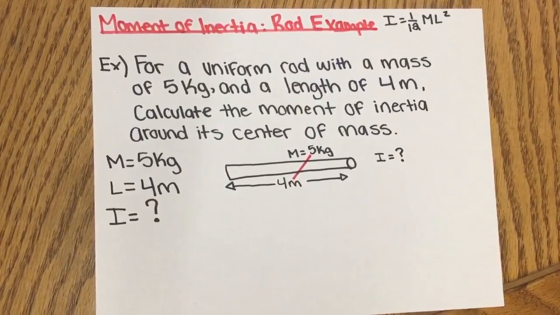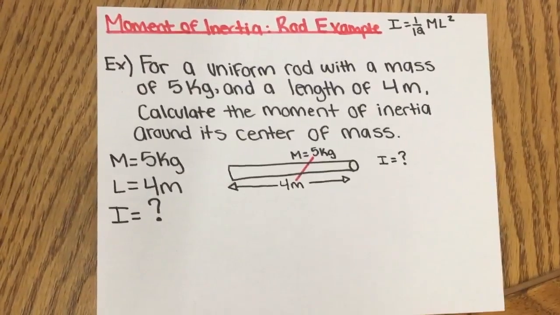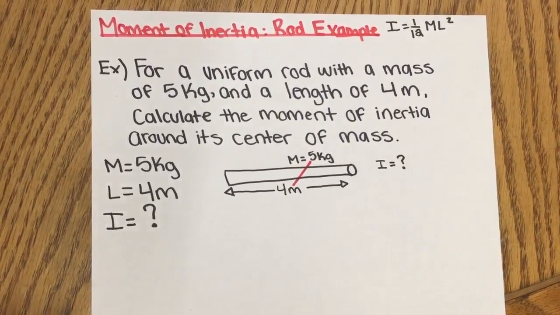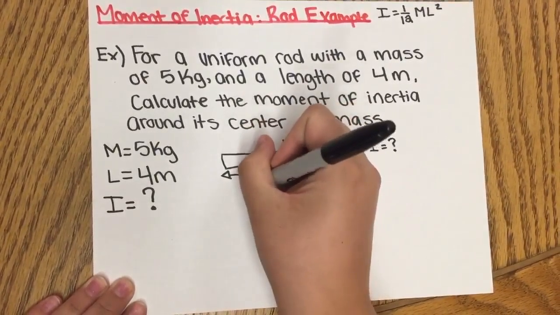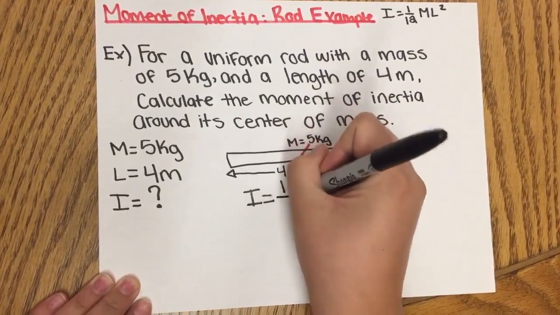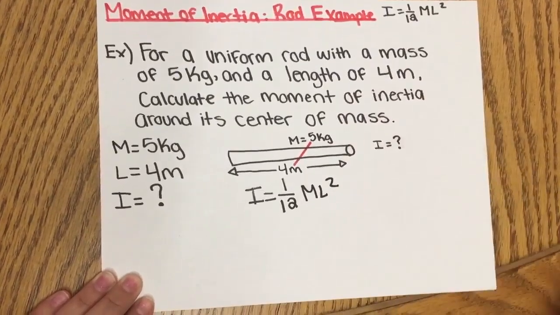The example is, for a uniform rod with a mass of 5 kilograms and a length of 4 meters, calculate the moment of inertia around its center of mass. The equation for a rod is I, for inertia, equals 1 over 12 m L squared.